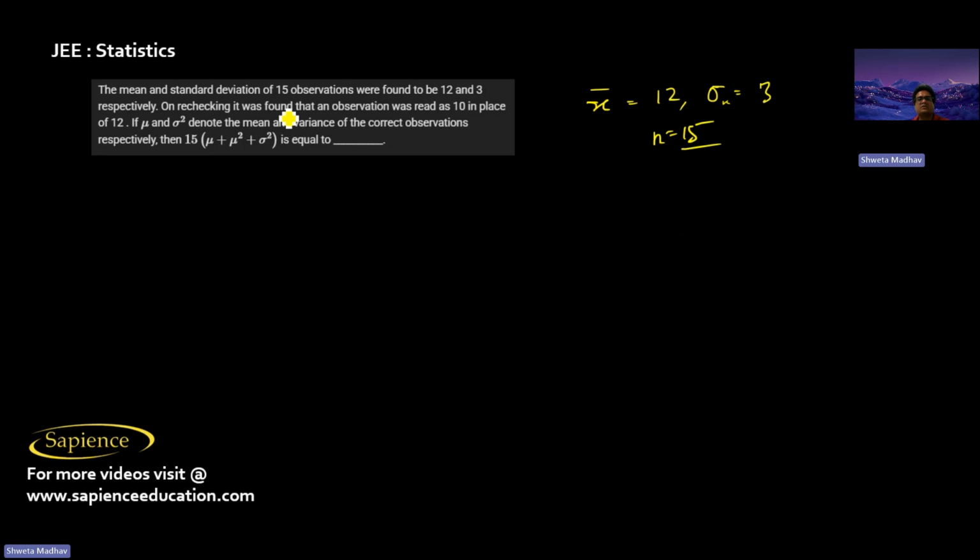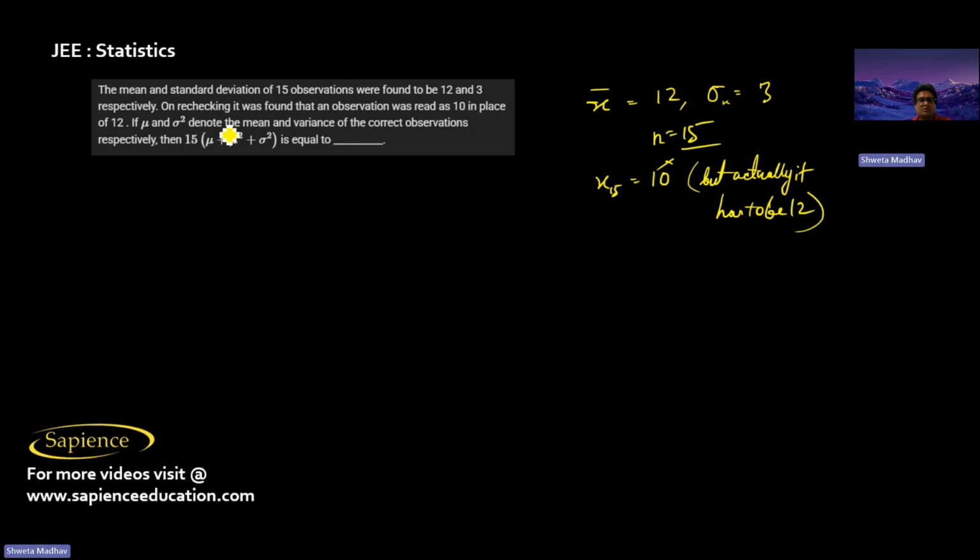On rechecking, it was found that an observation was read as 10 in place of 12. So let's say the 15th observation was read as 10, but actually it has to be 12. So this one is the wrong one. It has 10 in place of 12.